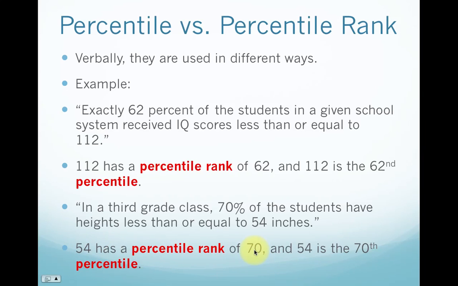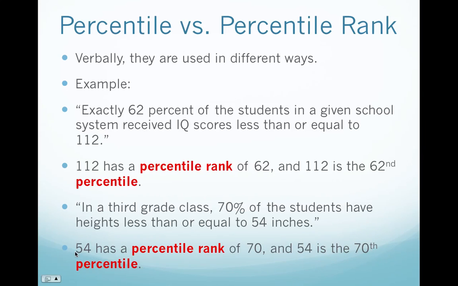It's very easy to misinterpret which one represents the percent and which one represents the data value. 54 has a percentile rank of 70. 54 is the data value. 70 is the percent. When it's phrased this way, 54 is the 70th percentile, that's a little bit clearer. 54 is the data value and 70 is the percent.